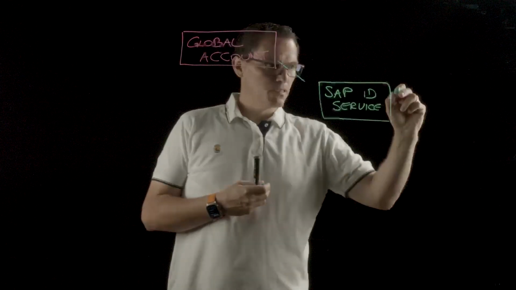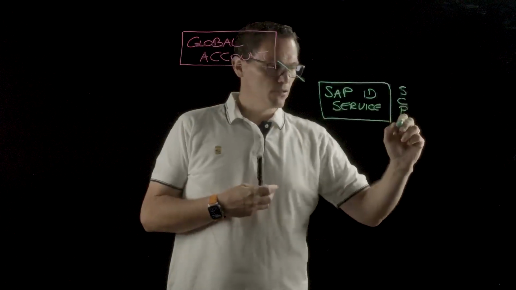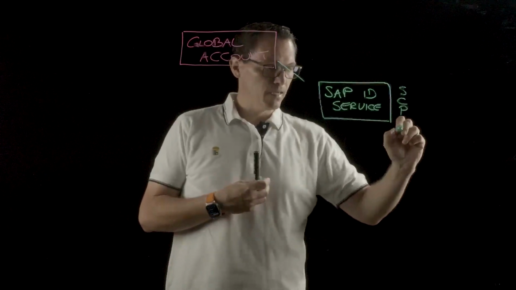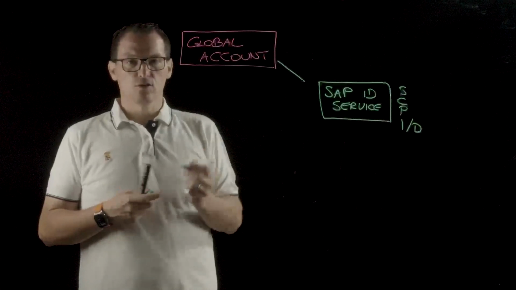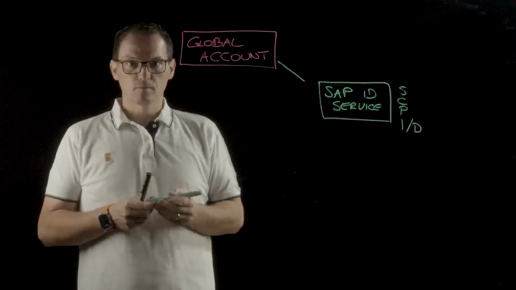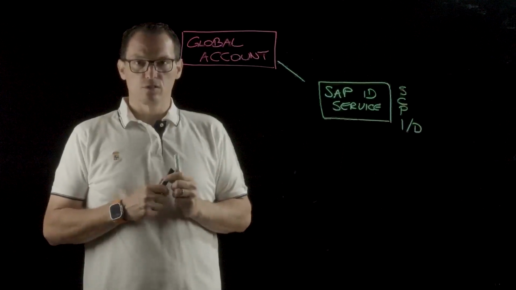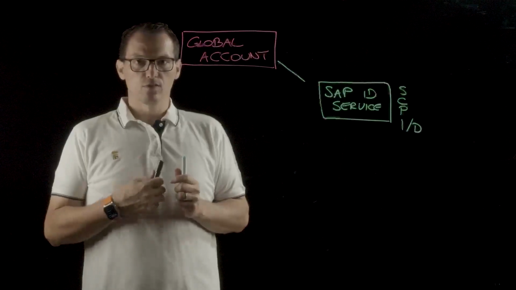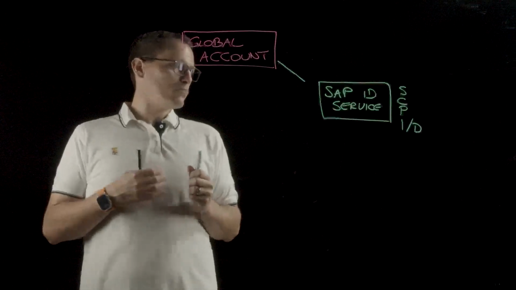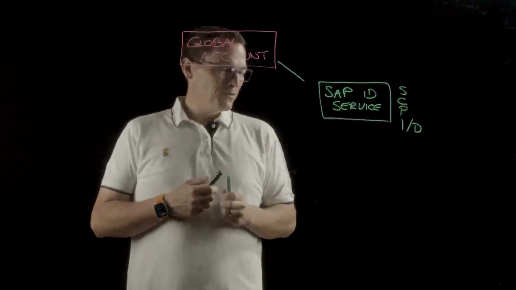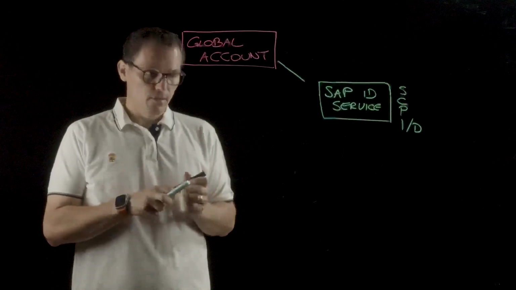So you can use your S users, and if you have a C user or a P user, or as an SAP employee, an I or a D user, you can use these users to authenticate against the global account. We have to distinguish between authentication and authorization. Authentication is to prove that you are the person you pretend to be, and authorization is the check behind that you are allowed to do something.